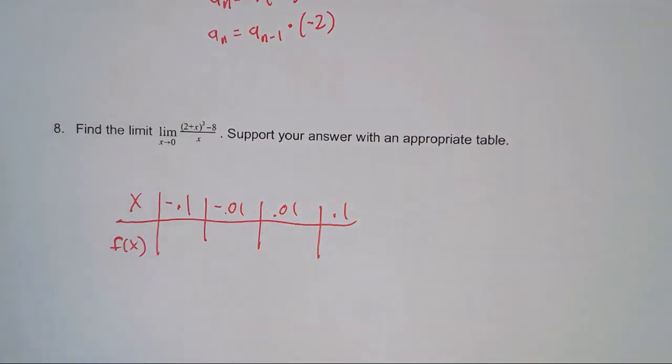All right, so on my calculator, if I plug in negative 0.1, I'm going to raise 2 plus negative 0.1 to the third power and then subtract 8. And then I take all of that and divide by negative 0.1.